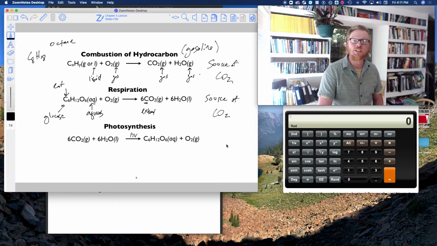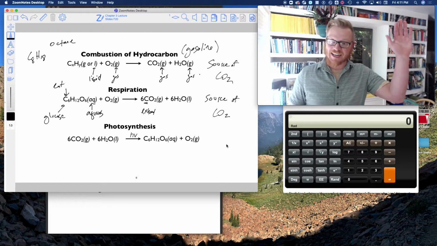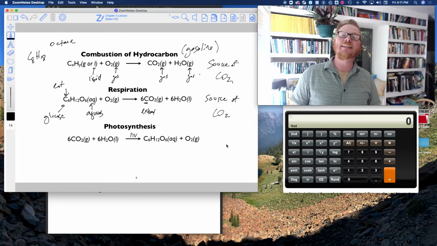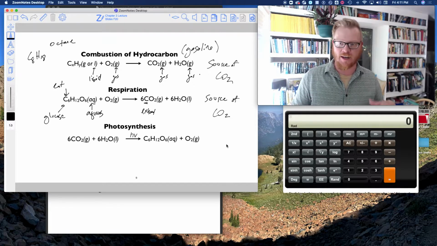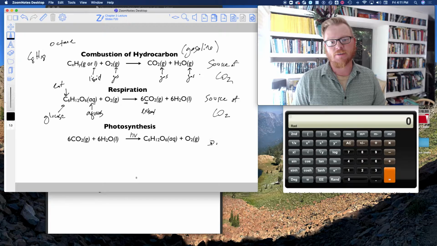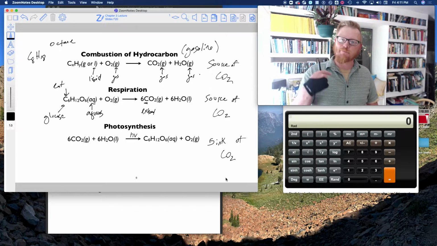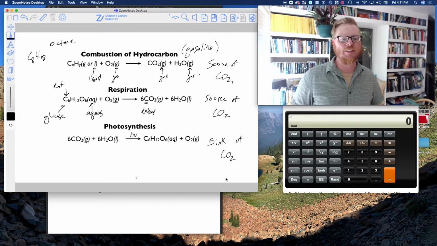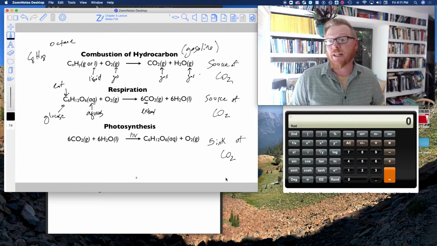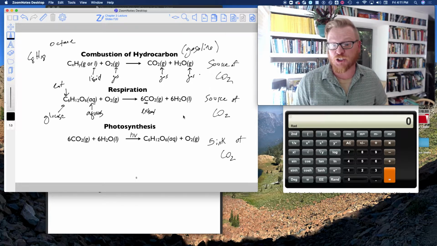So there's a lot of creatures out there in the world that are exhaling CO2, and that's a significant source of carbon dioxide in Earth's atmosphere. Photosynthesis is a sink of CO2. So while all of the mouth breathers like me are pushing out a bunch of CO2, the plants are taking it in and converting it into sugar and energy, all right?